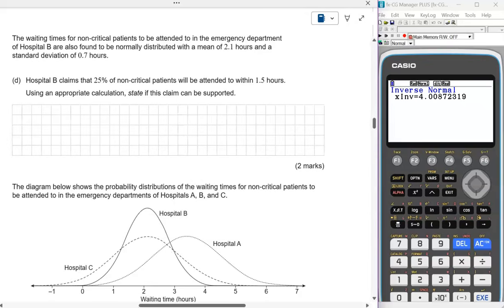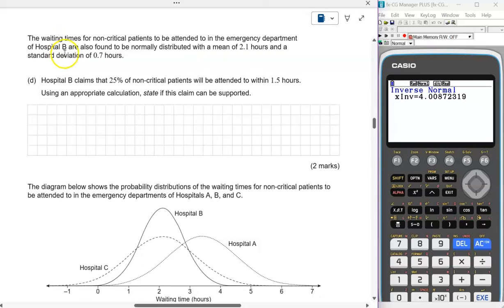Moving on to the next part of this question, it's got another hospital. So this is Hospital B. They also found normally distributed data with a mean of 2.1 hours and a standard deviation of 0.7 hours. The first part of this question says Hospital B claims that 25% of non-critical patients will be attended to within 1.5 hours.